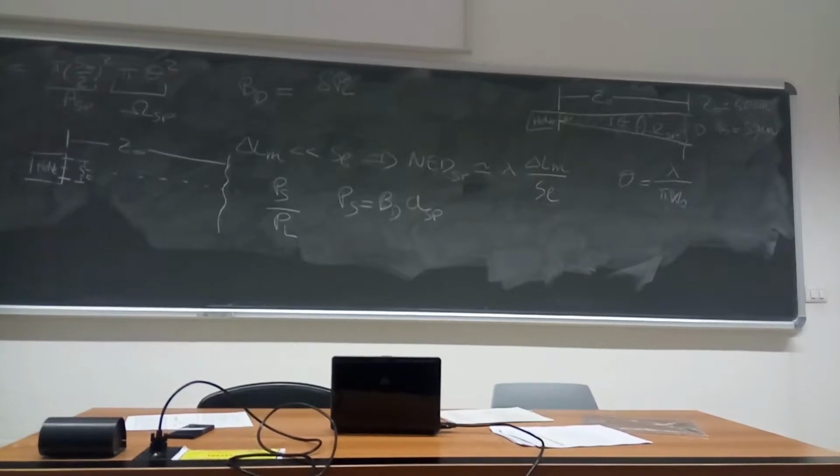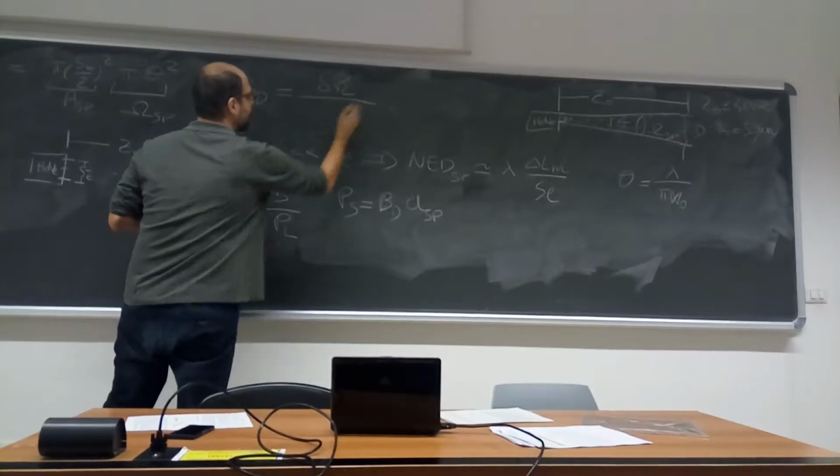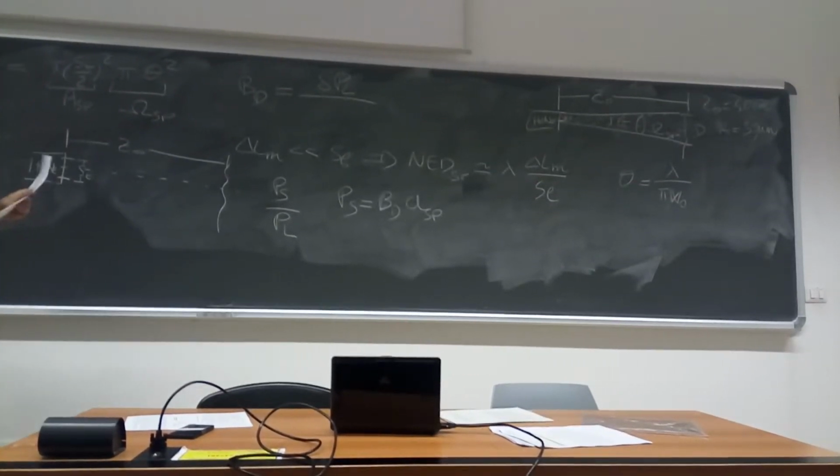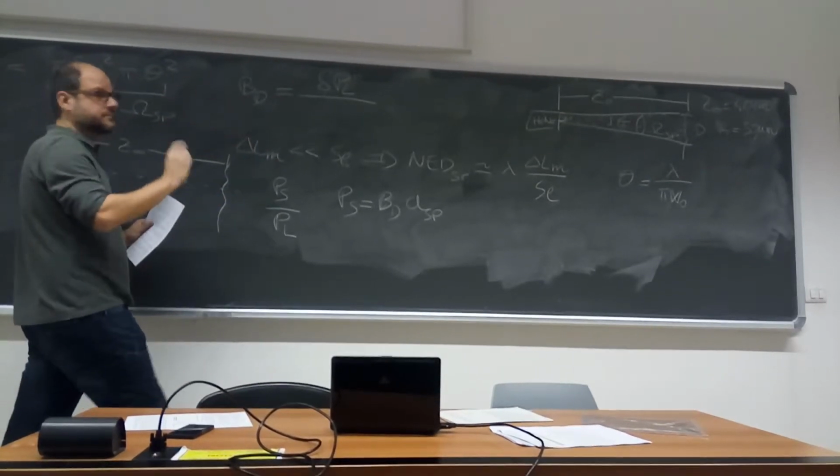D is the diffusive coefficient of the diffuser. In this case it is equal to 1, but we always have to remember that. Then what do we have to use? We have to divide this power by the area on the diffuser.